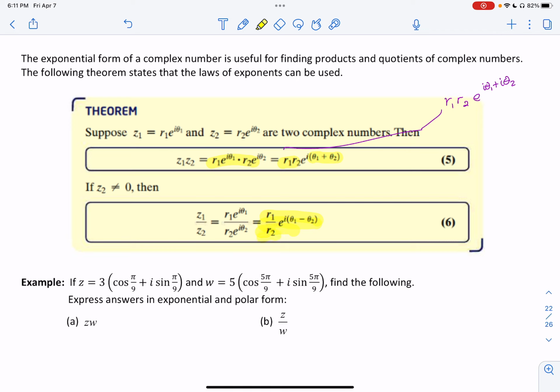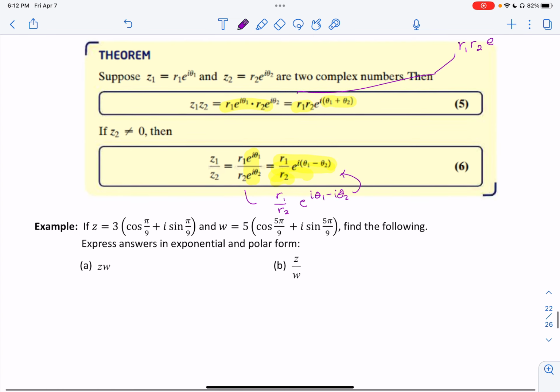So remember that when you divide, the exponential part, we always subtract. So the in-between step becomes r1 over r2 e^(i theta 1 minus i theta 2), which then comes back up to that very equation right there.